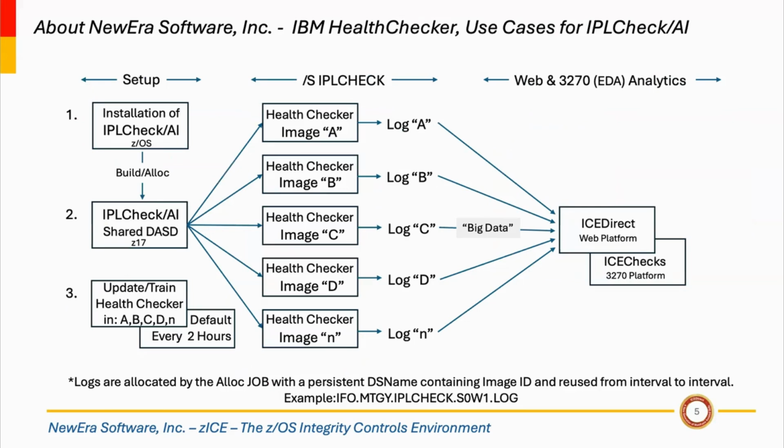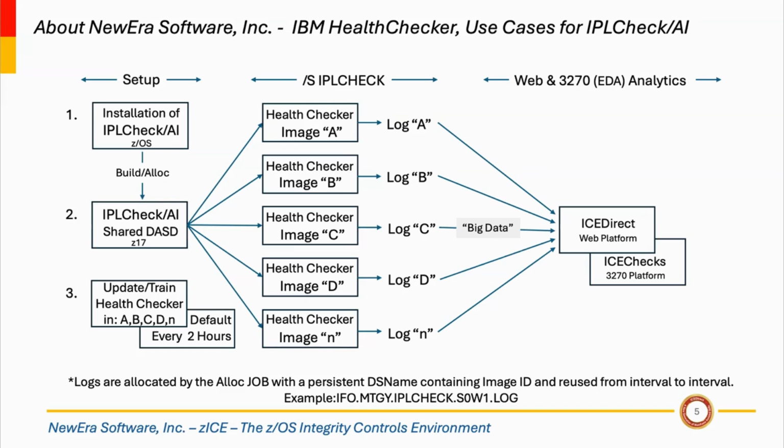Another use case is to use the tool against the IBM Health Checker for z/OS. In this case, what we would be using is IPLCheck AI. This is a really simple installation. You simply install it, put it on a common set of shared DASD, get the various images in your system to point to that installation deck, and then start the health checker.